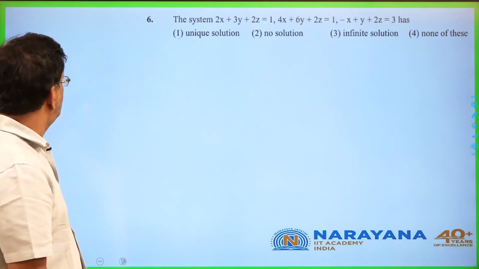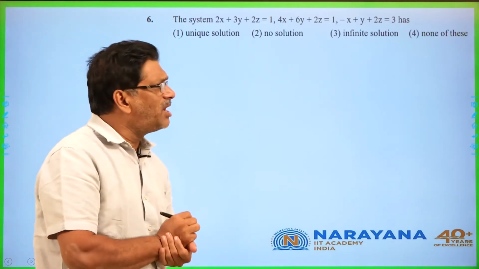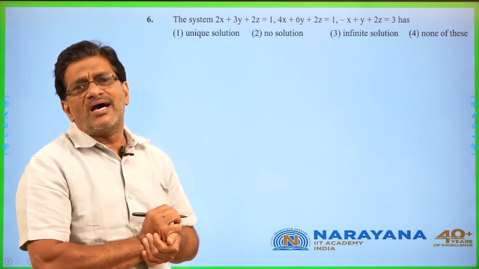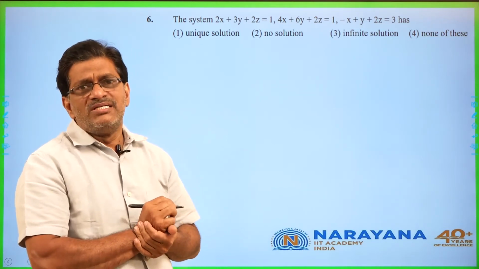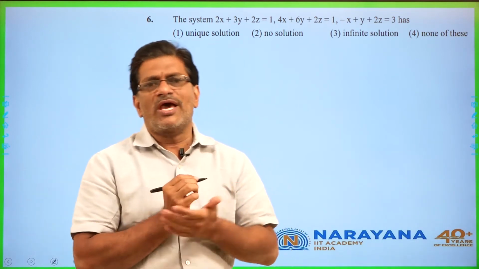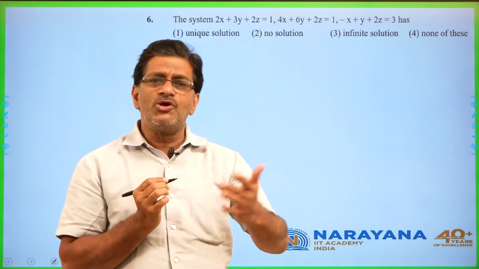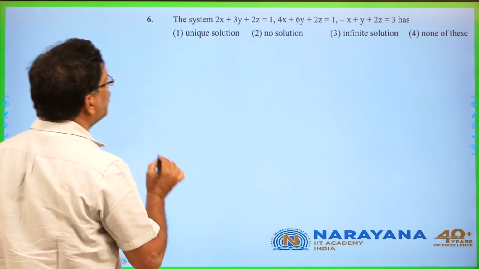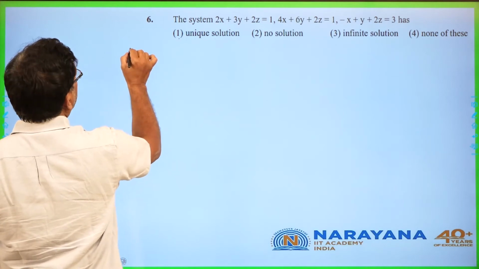Question number 6. It is a simple problem again from matrices. So, checking the consistency for non-homogeneous systems, you can use Cramer's rule method or you can use the rank method, whatever it may be. I am going to explain it by using the rank method.